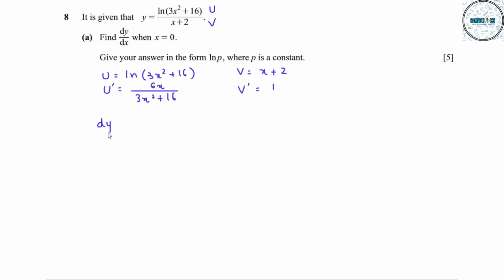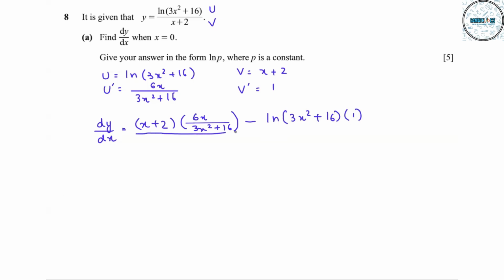So dy upon dx is equal to v into differential of u, so (x plus 2) into 6x divided by (3x squared plus 16), minus u into differential of v, ln (3x squared plus 16) into 1, divided by v squared, which is (x plus 2) whole square.